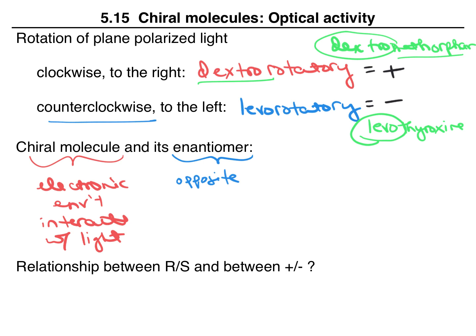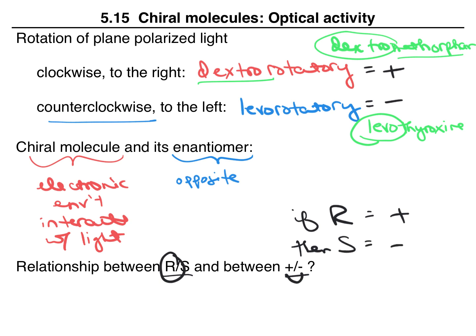Now, is there a relationship between R/S and between plus/minus? Knowing that something is R does not tell us whether it is plus or minus. Knowing that something is S does not tell us whether it is plus or minus. If we find out that the compound that we would give the R configuration happens to be plus, then the S will be minus.